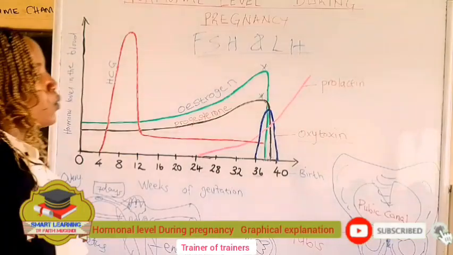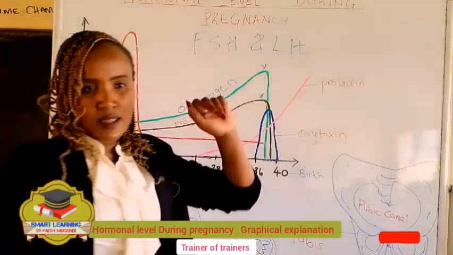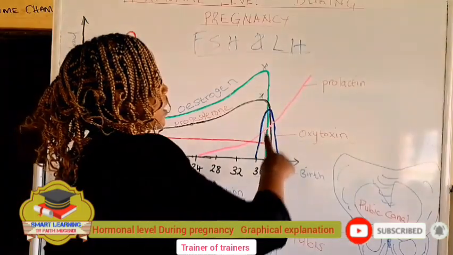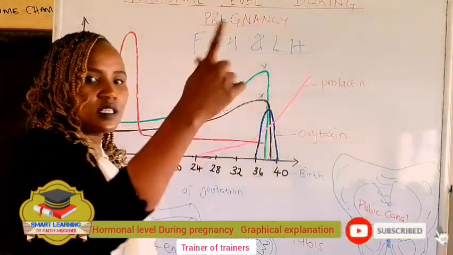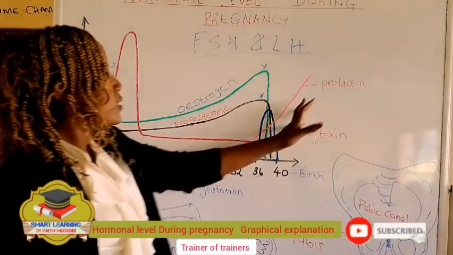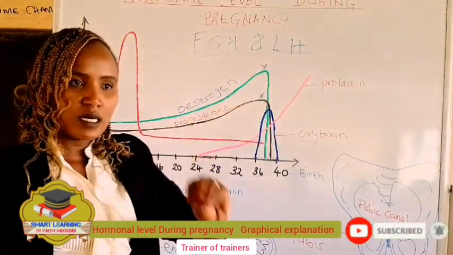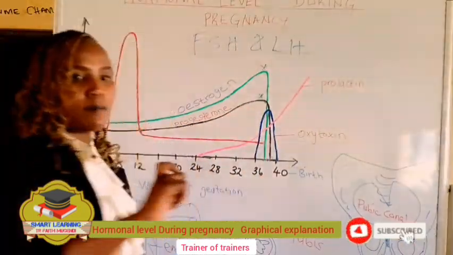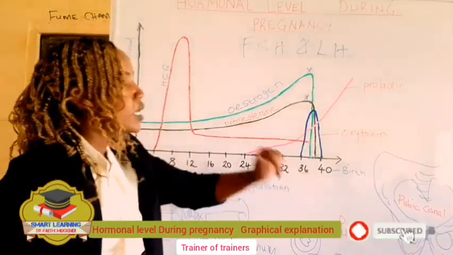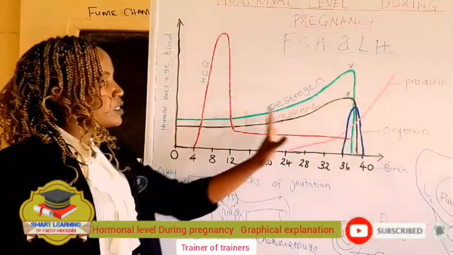What is the importance of prolactin then? Prolactin is a hormone that sends signals. Remember, it is produced by the placenta. Then the signals are sent to the pituitary gland to command the mammary glands to start lactating, because the baby is born.